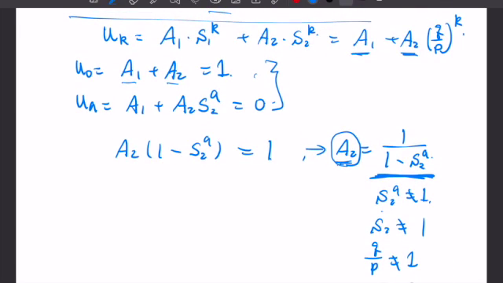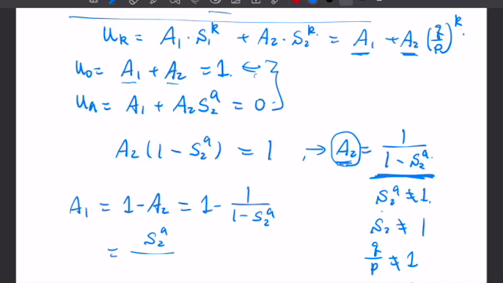Then we can now determine the value of a1 from this first equation. That is 1 minus a2, which is 1 minus 1 over 1 minus s2 to the power of a. That is, let's see, negative s2 to the power of a over 1 minus s2 to the power of a.